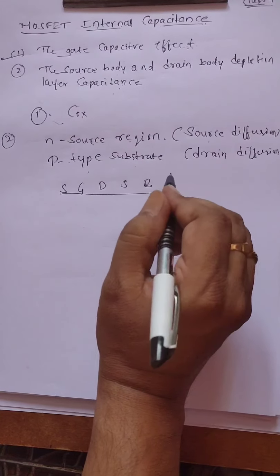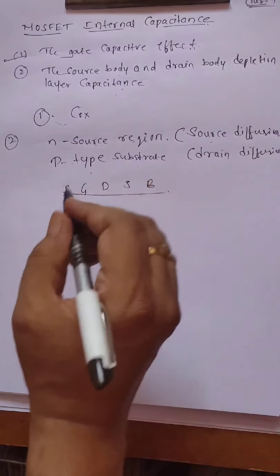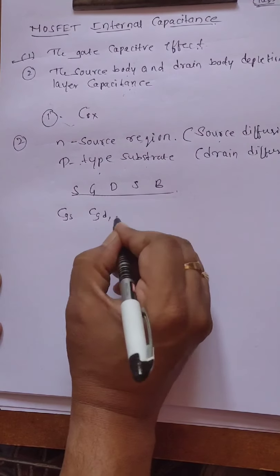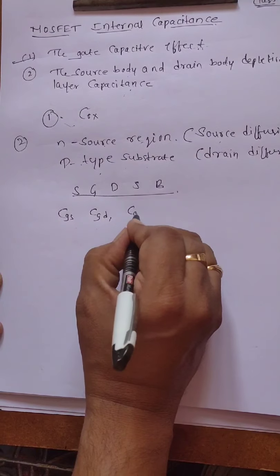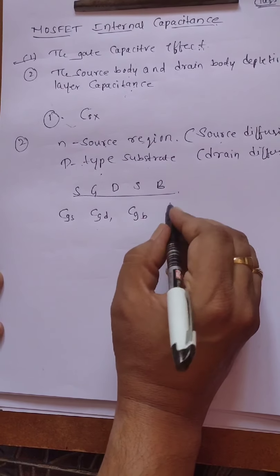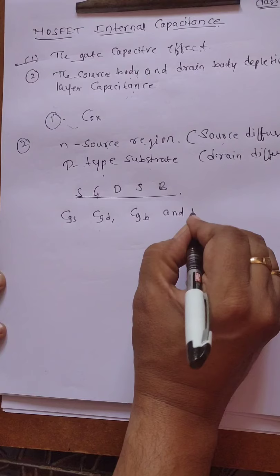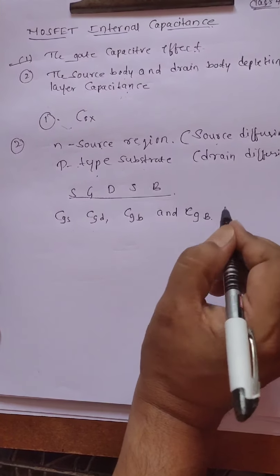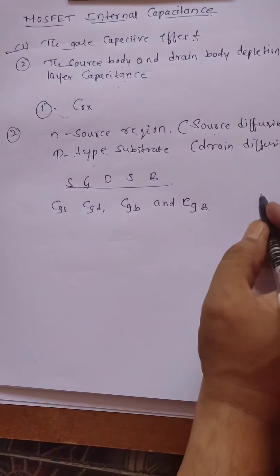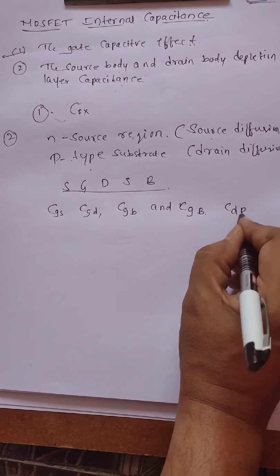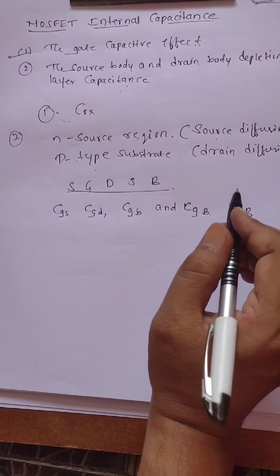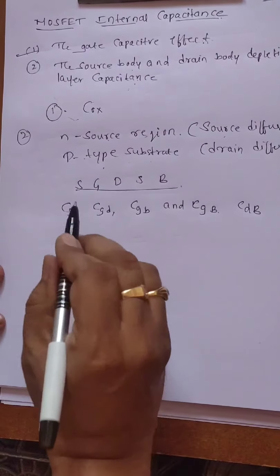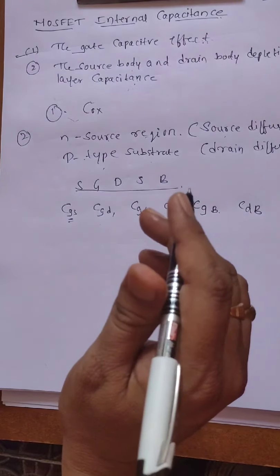There will be five capacitances in total: CGS, gate source capacitance; CGD, gate drain capacitance; CGB, gate body capacitance; and CDB, drain body capacitance, where the subscript indicates the location of the capacitance.